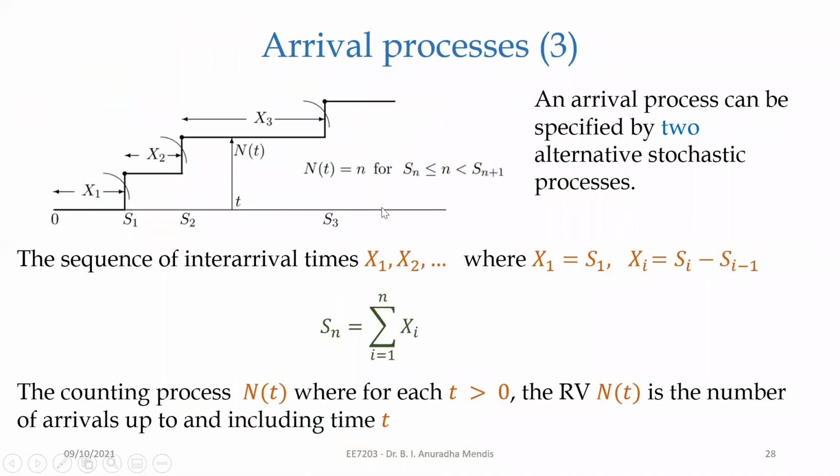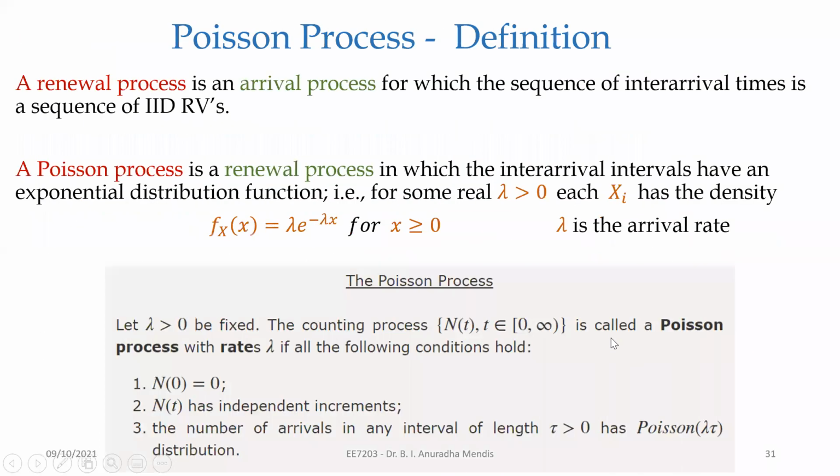The number of arrivals you are counting is called a Poisson process with rate lambda, and this condition should be satisfied. So N(0), that means at time equal to 0, the number of arrivals should be 0. So at the very beginning, when the system starts, there is no arrival at time equal to 0.